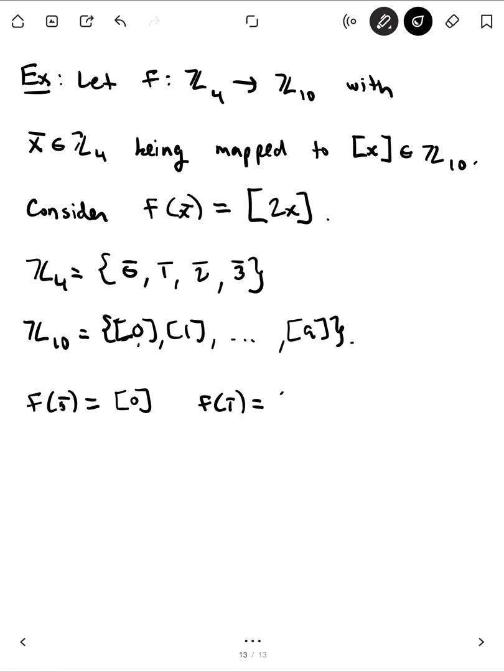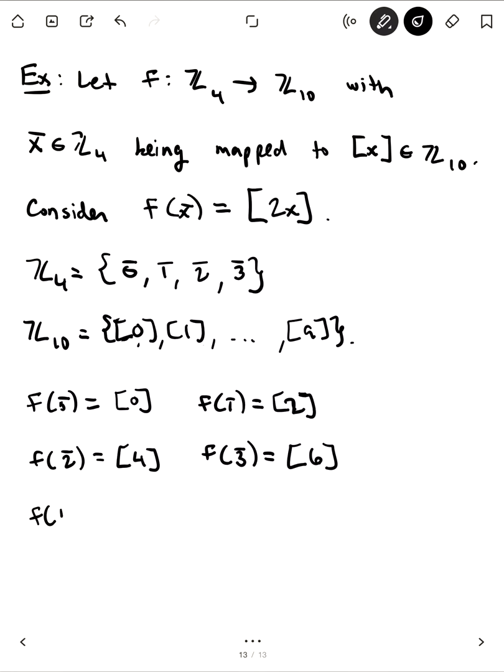f of 1 is mapped to 2, right? The equivalence class of 2. f of 2 is mapped to the equivalence class of 4. f of 3 is mapped to the equivalence class of 6. And so far, so good, right? Now remember, we can think about f of 4, even though I haven't listed it up here.